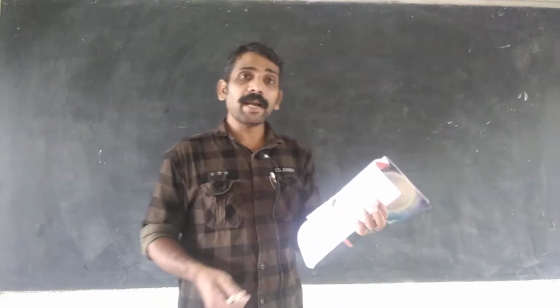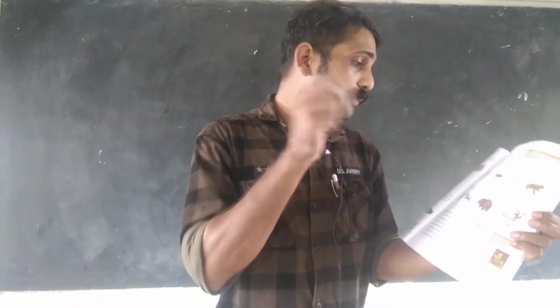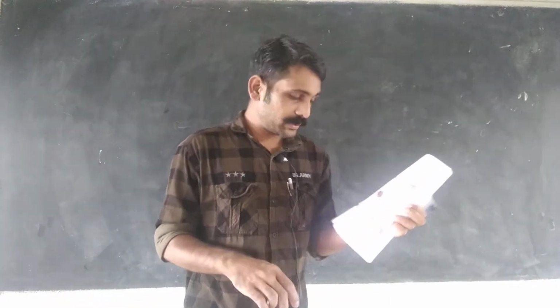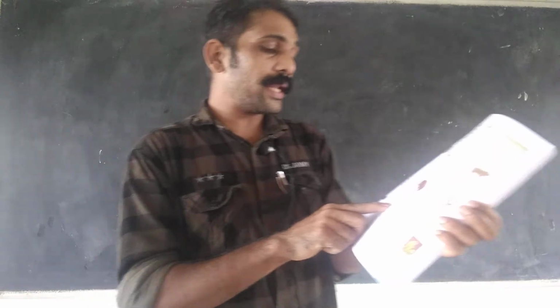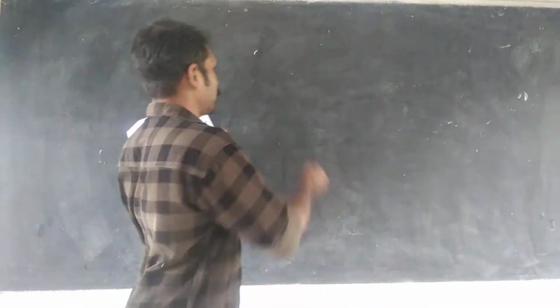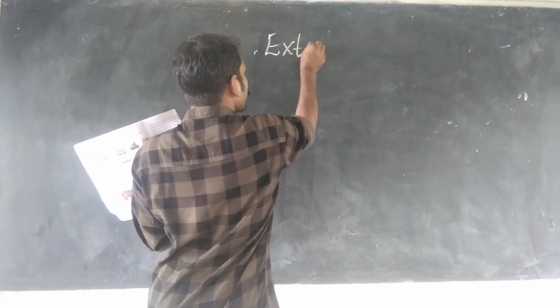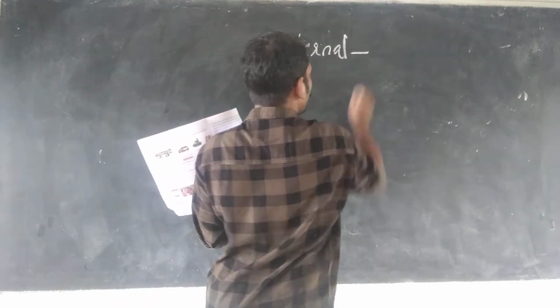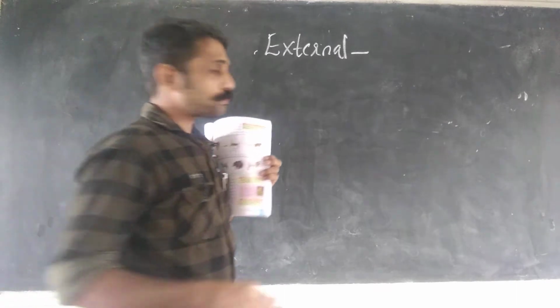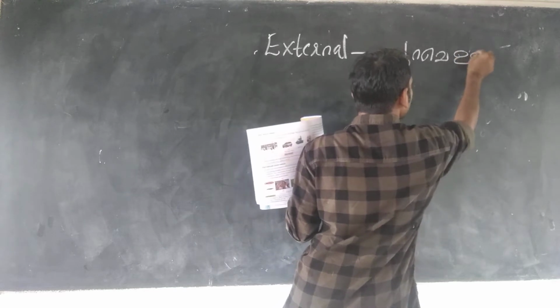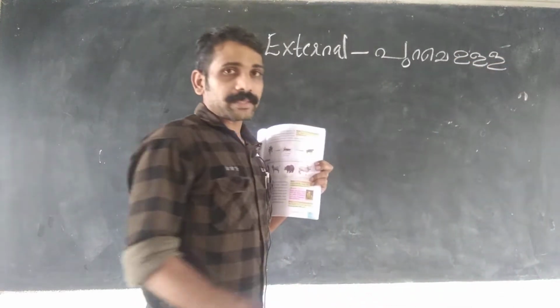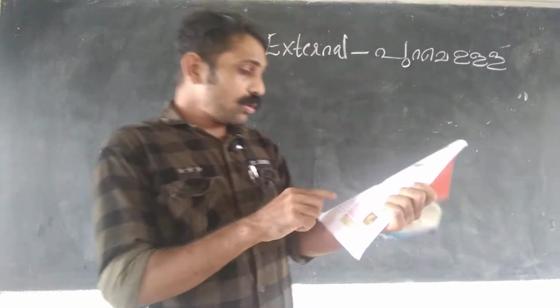This is the third feature, the third characteristic of all living things. All living things show external and internal movement. External is a new and difficult word. What is meant by external? External means outside, on the outer side. Internal means inside.